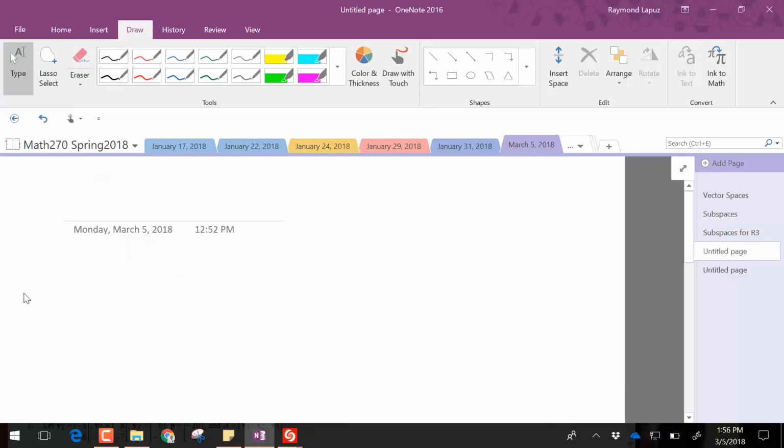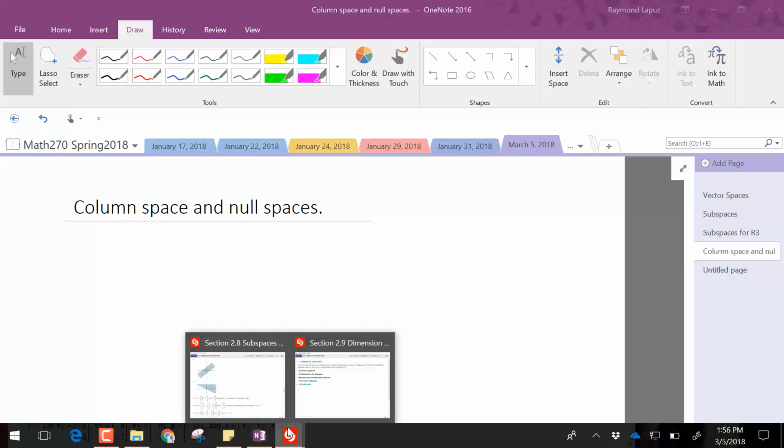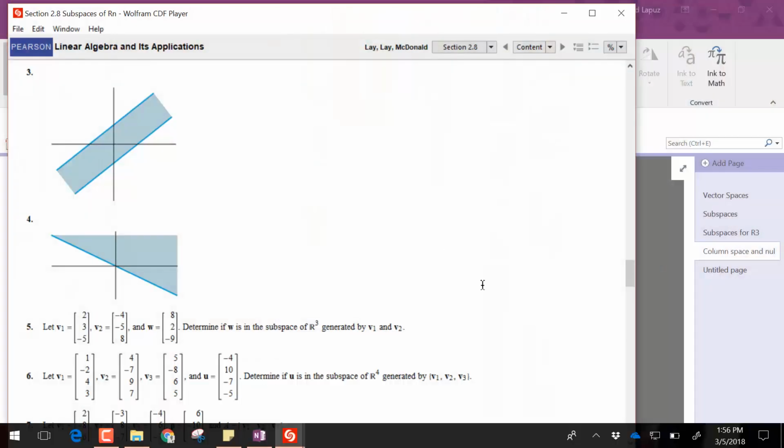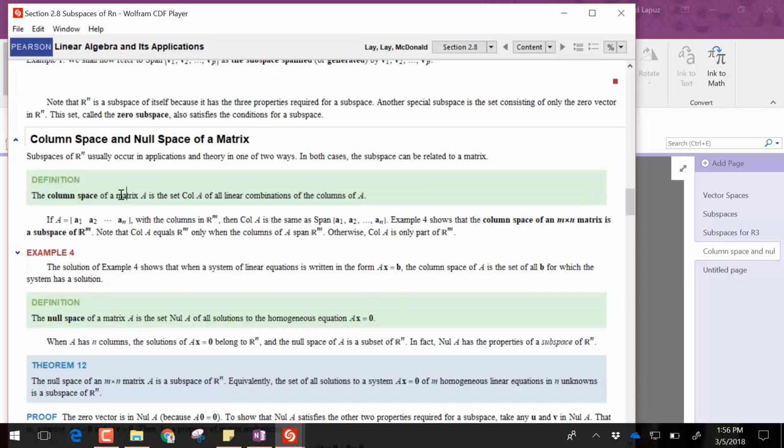All right. Now there's two very important subspaces when we're dealing with matrices: the column space and the null space. Column space, I don't have notes for this. I just copy from the book. There we go, column space.